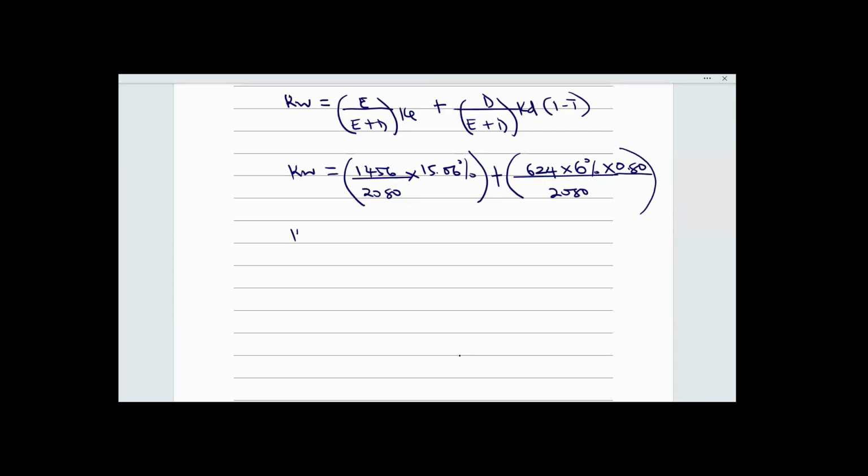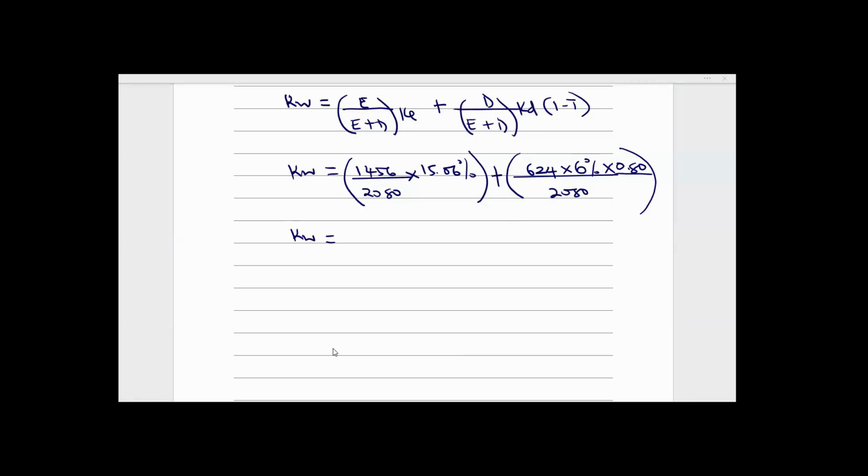Then from the left, this will be equal to 1456 divided by 2080 multiplied by 15.06.